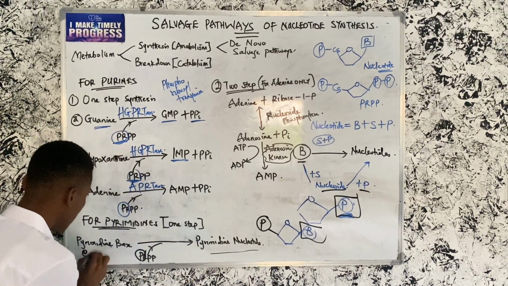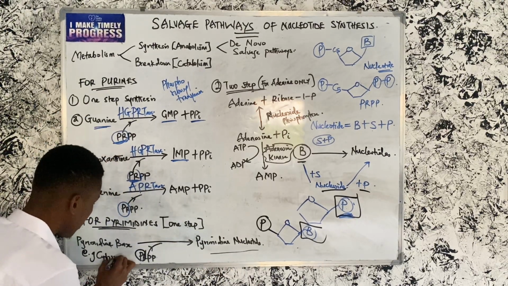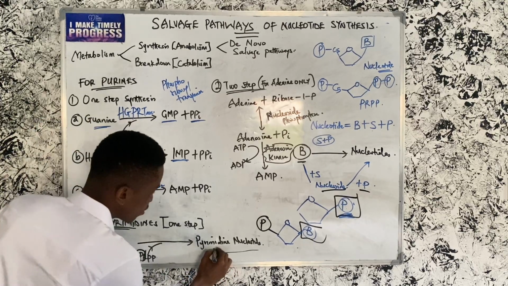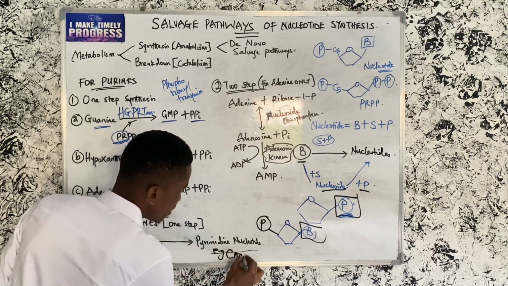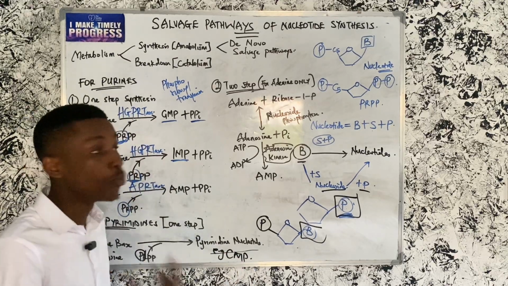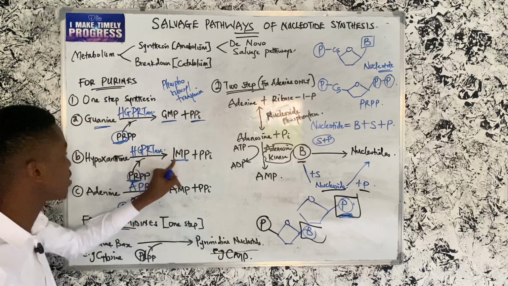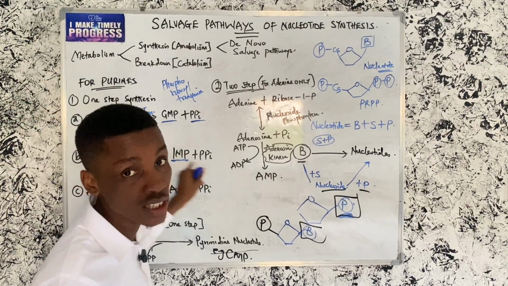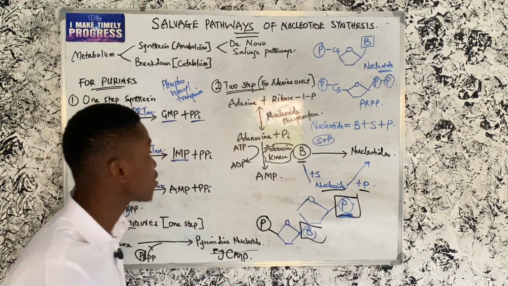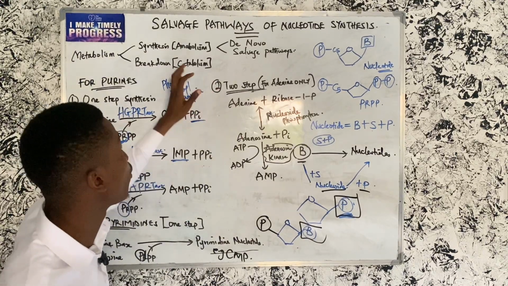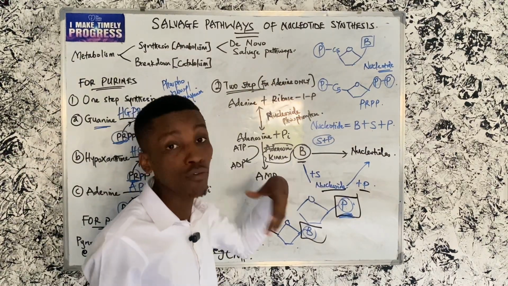An example would be if this was cytosine. Cytosine will do this reaction and it will form CMP, which is cytosine monophosphate. So that is that for that. Please, the nucleotide of hypoxanthine is called inosine monophosphate. So that covers that for our salvage pathways of nucleotide synthesis.